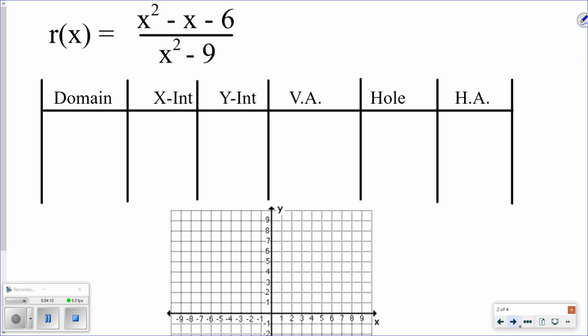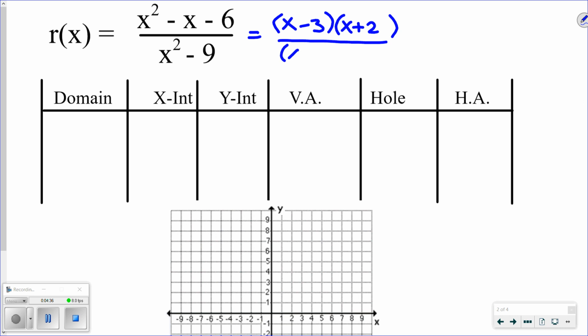Okay, so here we are given x squared minus x minus 6 over x squared minus 9. So again, we're going to start by factoring the numerator. This is going to factor into x minus 3 times x plus 2.